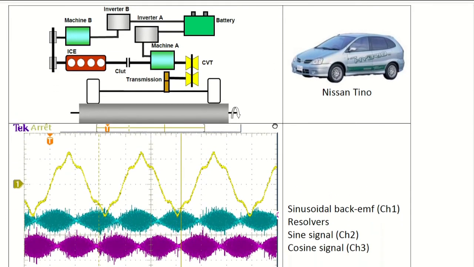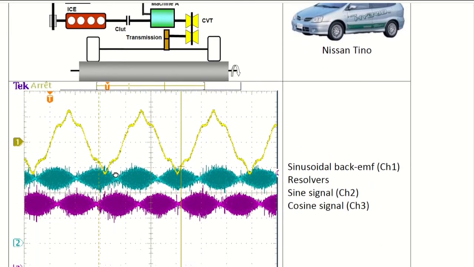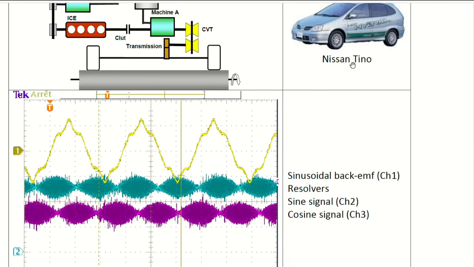I present here the ones that are in a Nissan Tino hybrid car. So you see here the sine and cosine. You see a 90 degrees shift, and you see a very high frequency here in the signal. So the envelope is the sine and cosine, and you have here the 40 kilohertz signal.